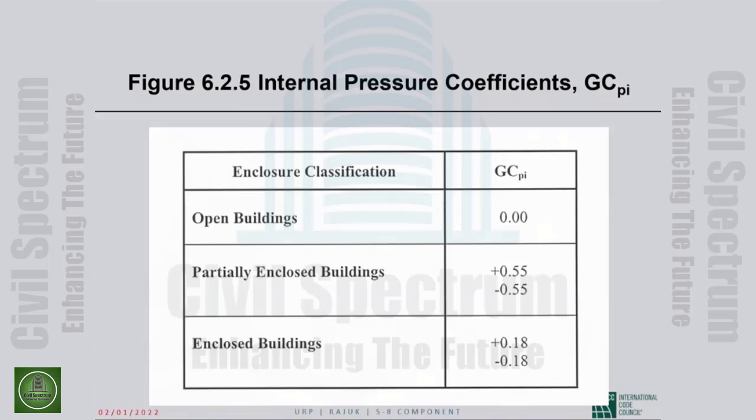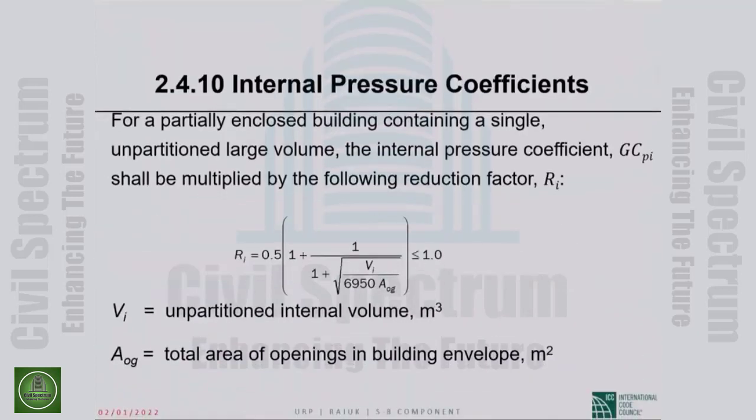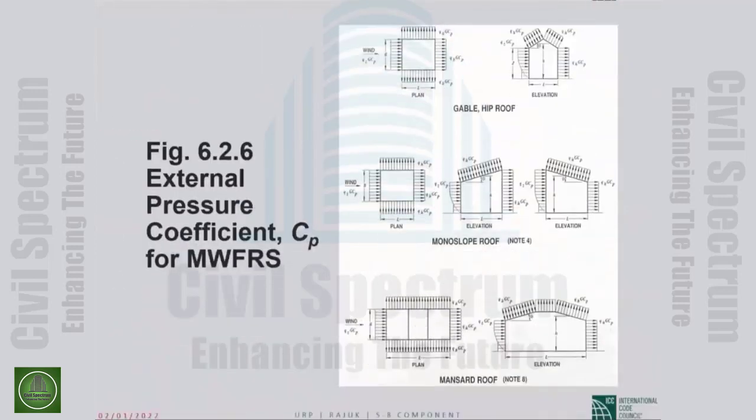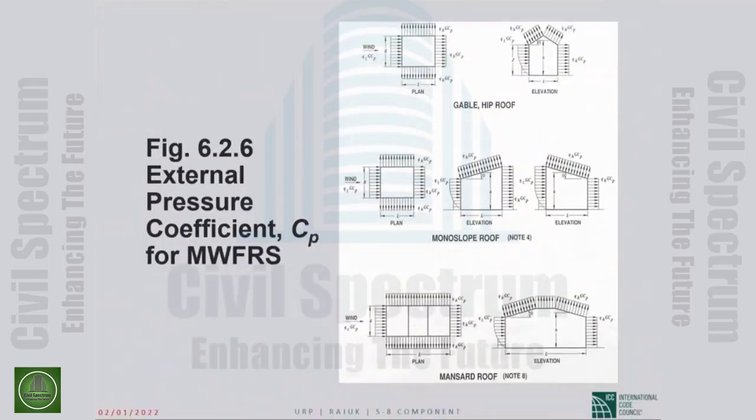But anyway, these values are kind of important. If you have a large internal volume for a partially enclosed building containing a single unpartitioned large volume, internal pressure coefficient G times C sub pi can be reduced a little bit, and that is a detail that is unimportant.